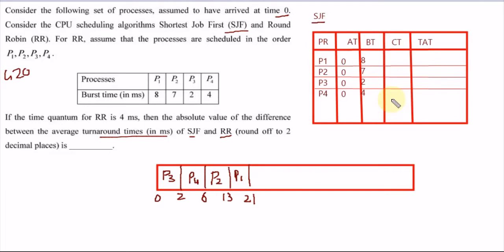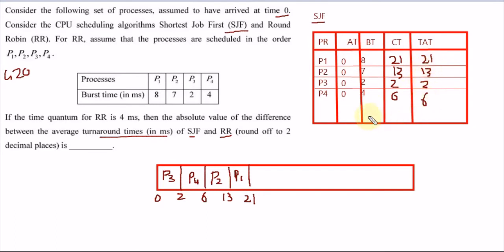So what is the completion time now? P1 completion time is 21, P2 is 13, P3 is 2 and P4 is 6. Turnaround time is completion time minus arrival time. Since arrival times are 0, the values stay the same: 21, 13, 2 and 6.